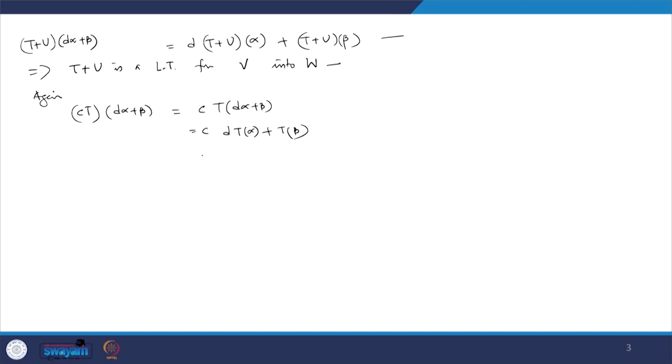So, this means that this is equal to, I can take d out, d times CT of alpha plus CT of beta. So, this means that CT is also a linear transformation from V into W, it is fine.